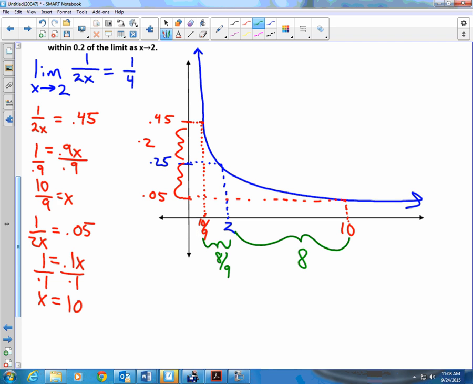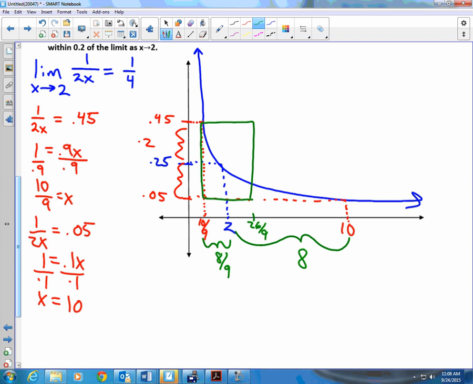We always choose the smaller of the two. We would say that if you were 8/9 on both sides, 18/9 plus 8/9 would be 26/9. So if we make this our window, it will guarantee that all the outputs are within 0.2 of the actual limit.